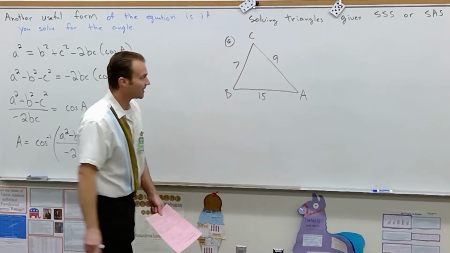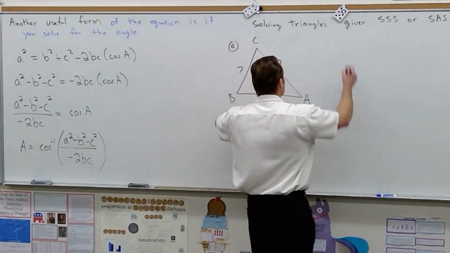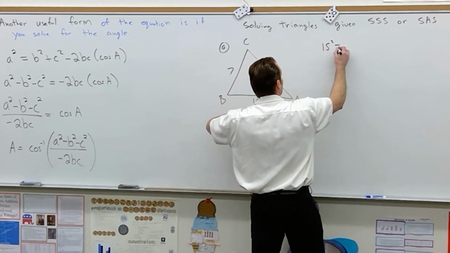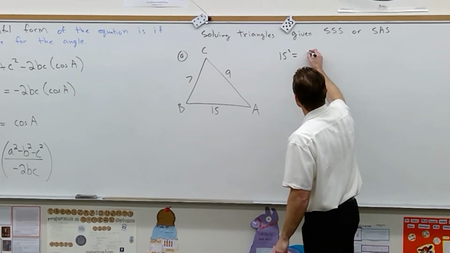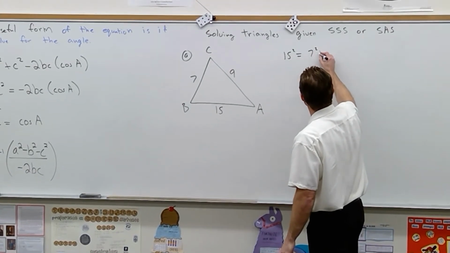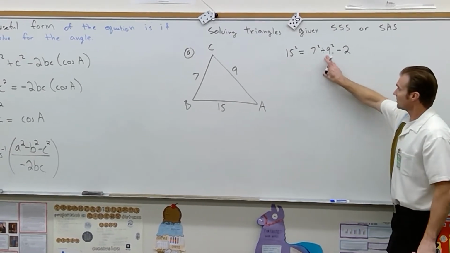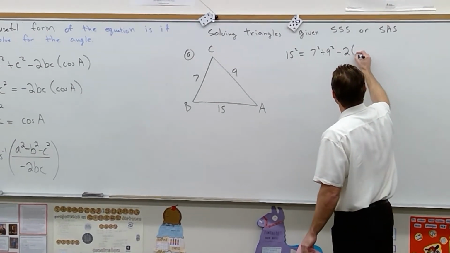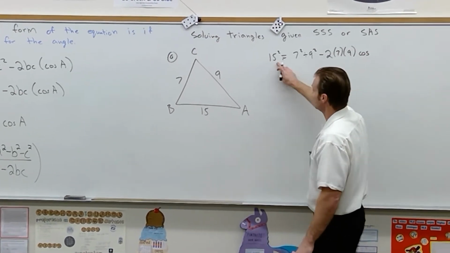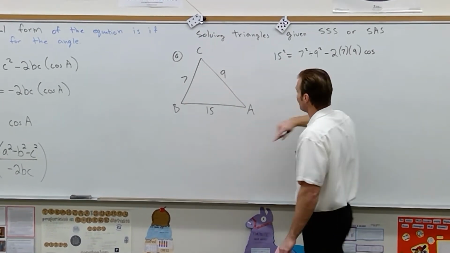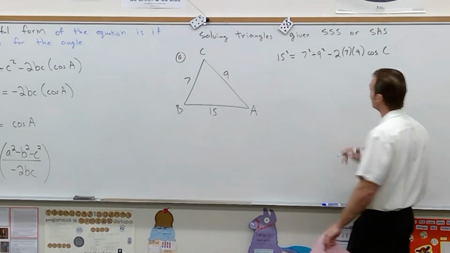So if I want to find angle C, I would start with side C squared. And then that's going to equal the sum of the squares of the other two sides minus 2 times the product of those two sides multiplied by cosine of that angle opposite side C, so that's angle C. Okay.